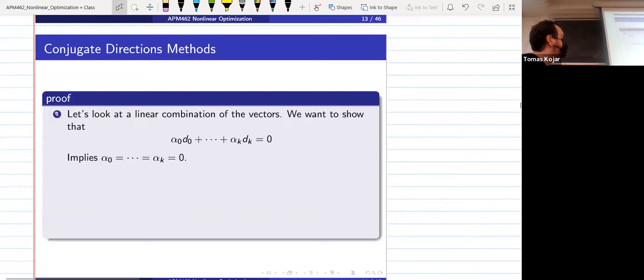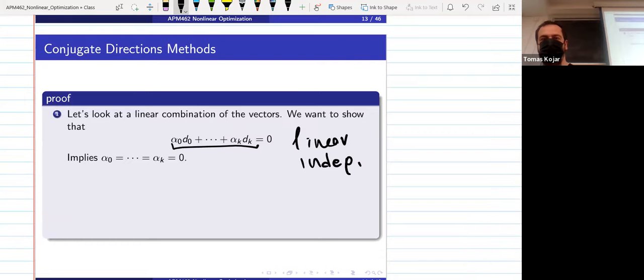We want to show that if you give me coefficients and you write a linear combination of these vectors equal to zero, then the coefficients are all zero. If they weren't, you would have linear dependence. This is the definition of linear independence.